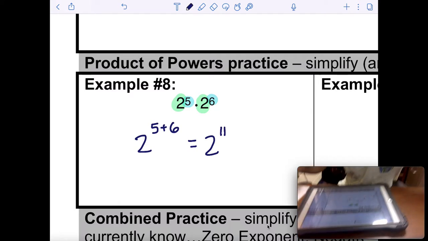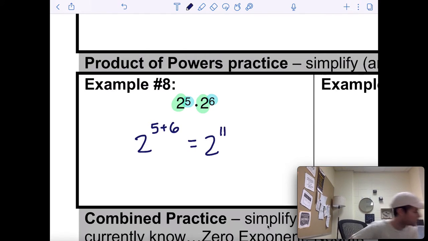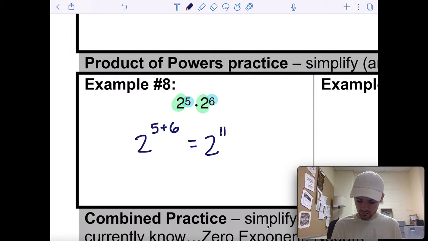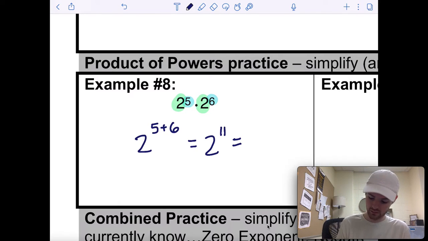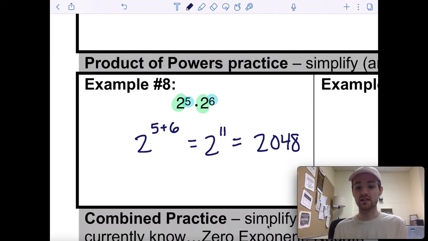Shoot, I don't have a calculator, I'm going to run real quick and grab one, and tell you what this simplifies to. Because it's a number, I want you to actually do this math. It's going to equal 2,048.